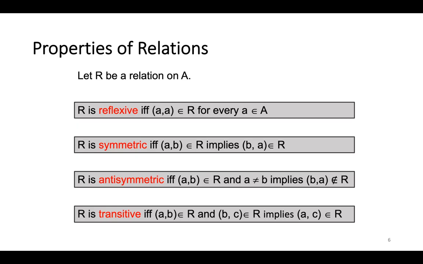Antisymmetric is the opposite of that. If you have A to B, B to A is not available. The last one is transitive. If you have A to B and B to C, there is A to C as well. So it has some connection inside the relation.